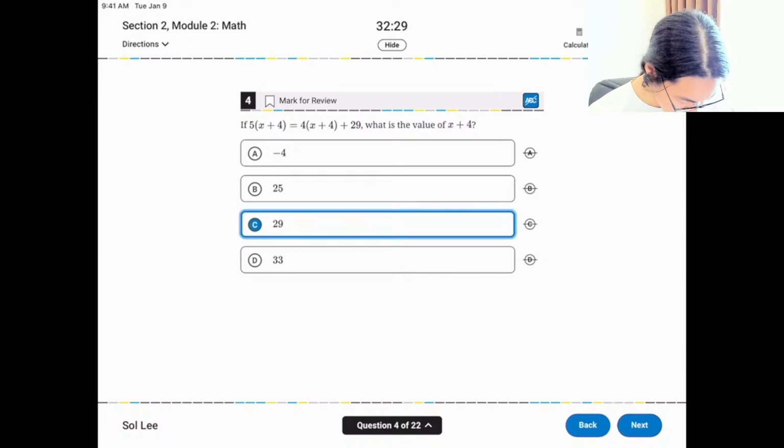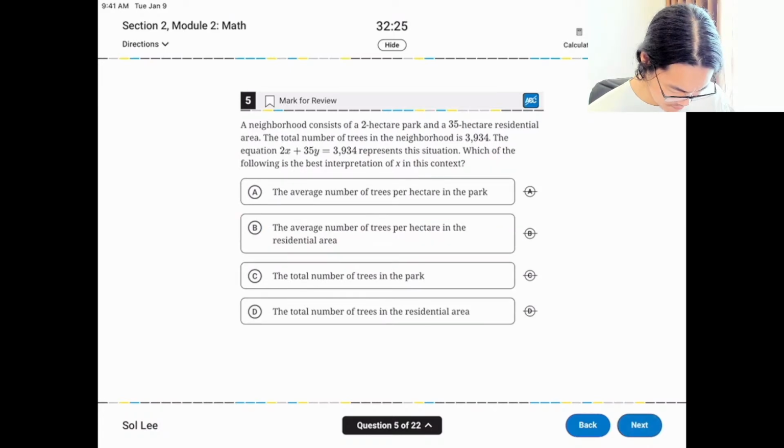Okay, it's 29. It's like two of basically the same question back to back. Okay, and then a 2-hectare park, 35 area, trees 3934, 2x 35y.